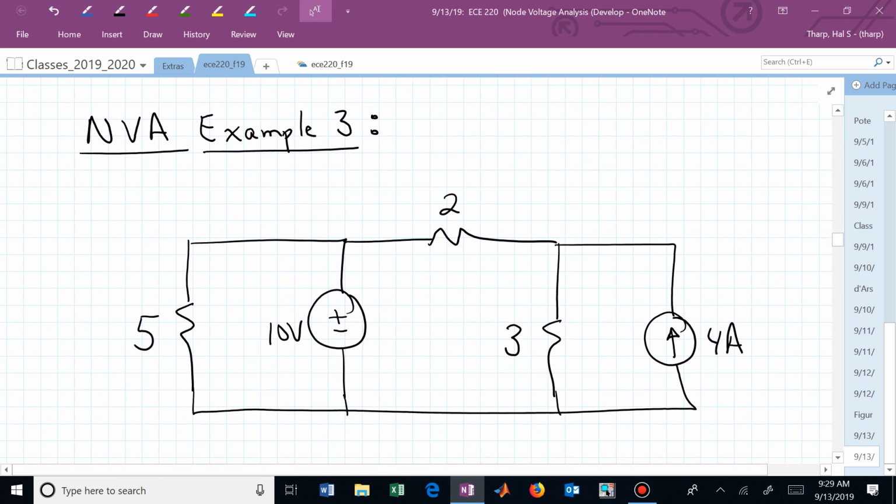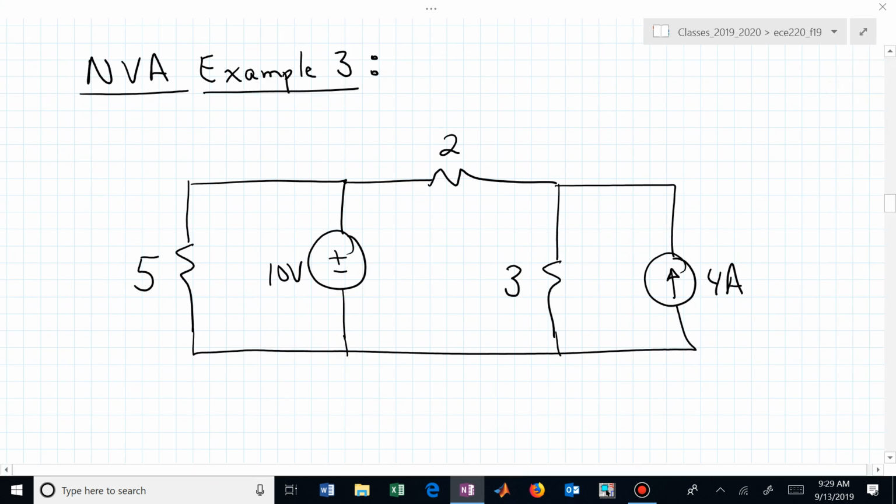Let's see how well you do with applying node voltage analysis to this circuit. Let me give you a few minutes to solve this circuit.